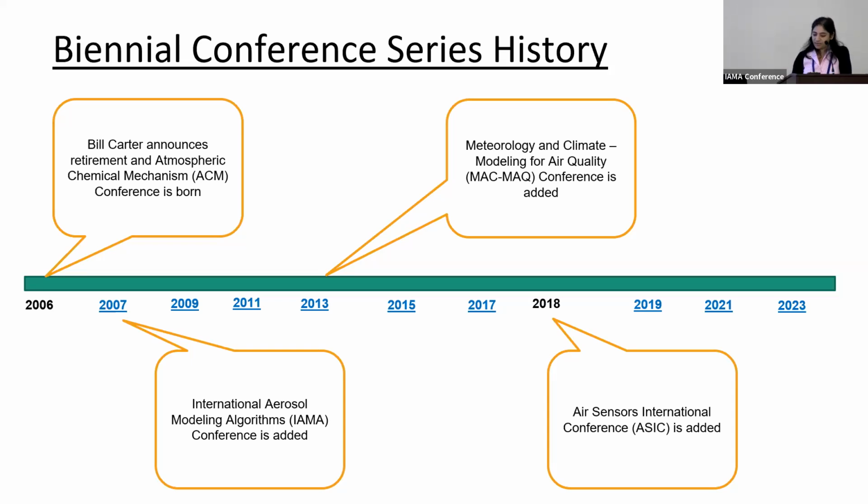The idea behind IAMA is to bring together experts from around the world who are working on different aspects of aerosol science and modeling to share their work and ideas. The ultimate goal is to improve the representation of aerosol physics and chemistry in the chemical transport models that form the scientific basis for much of the work in the regulatory air modeling community.